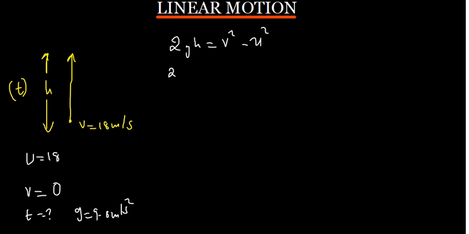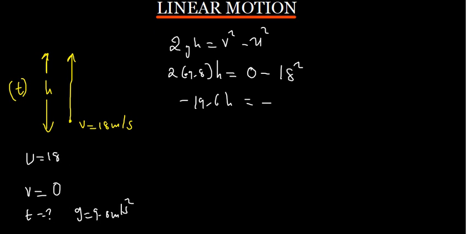So this will be 2g is 9.8. Now notice that it will be negative. Martha, why is it negative? Because it's going up. Okay, it's going in the opposite direction to the direction of the acceleration. And then final velocity is 0 minus initial velocity is 18 squared. So this is going to be negative 19.6 h.